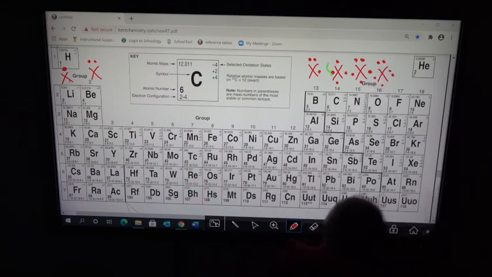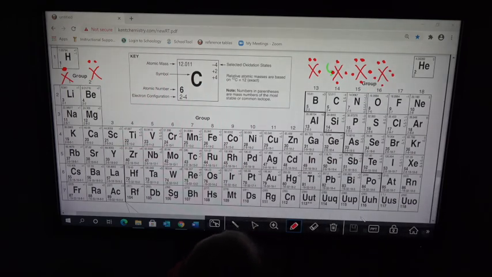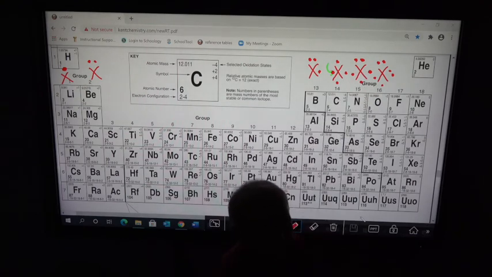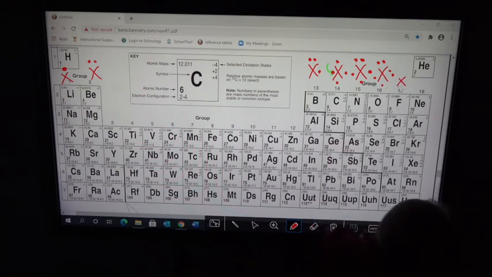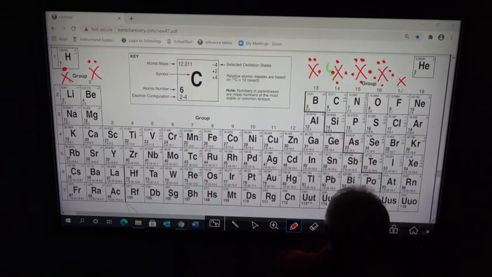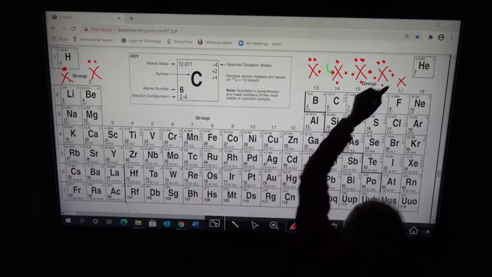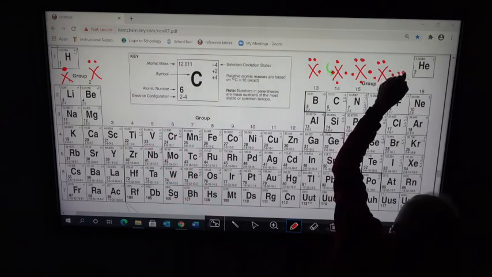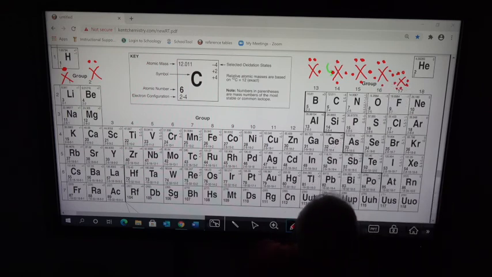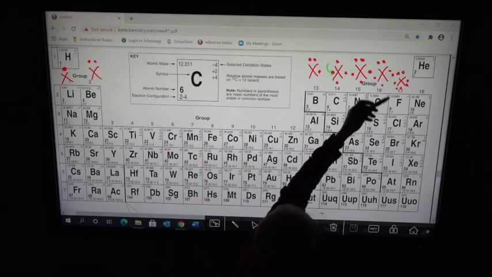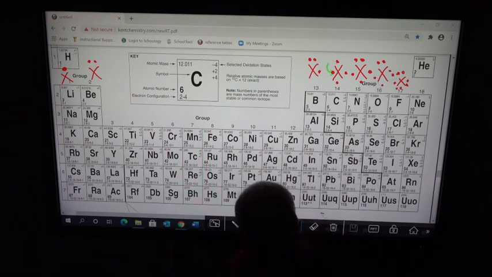So that is what any element in group 16 looks like: 2 pairs and 2 singles. Group 17 is S2P5. So it's got a pair for S2, single, single, single, pair, pair. Anything in group 17 has 3 pairs and 1 single.